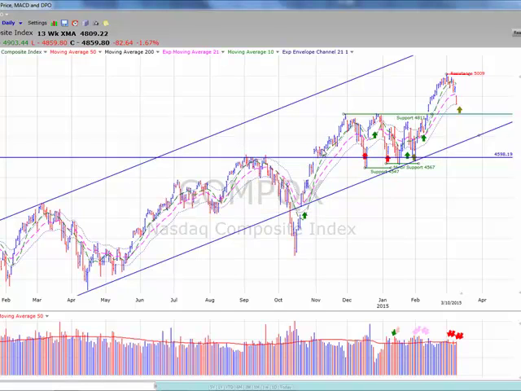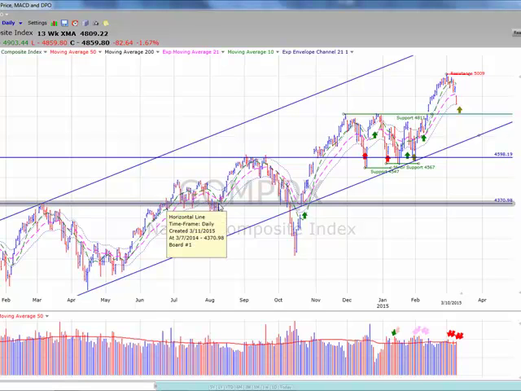And then when we took out that high, we came up, made another high, and then came back and undercut that level of support by just a little bit. Back a year ago in March, we made a high, we based, we broke above that high, and then we pulled back to below that area of support before moving on to make new highs.